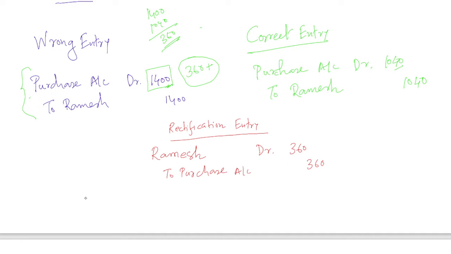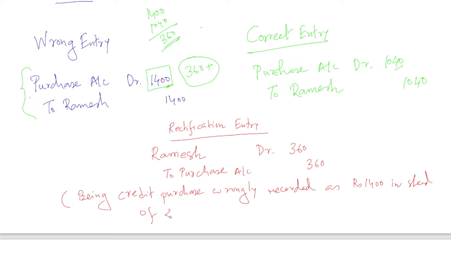We'll make the narration like this: being credit purchase wrongly recorded as rupees 1400 instead of rupees 1040, now rectified.